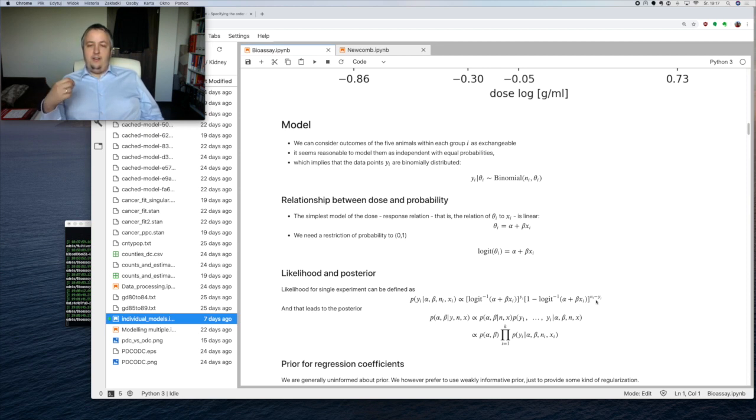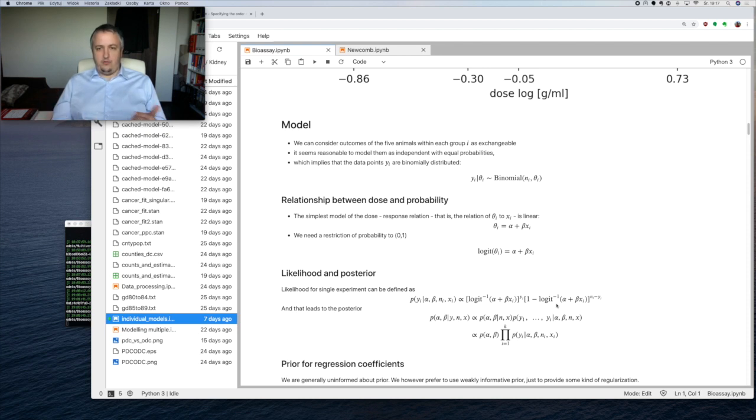So generally, we can now get our posterior for the entire set of experiments, assuming that those experiments are exchangeable with each other. We have the prior for alpha and beta, the coefficients, which are obviously independent of the number of animals and independent of the dosage, because we assume that they are constant.